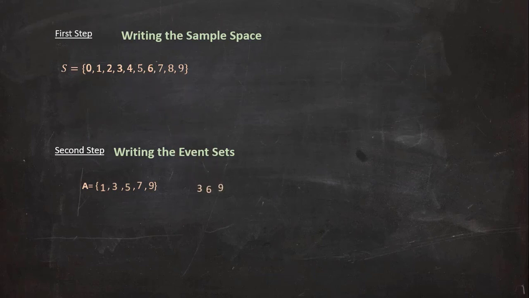The multiples of 3 are 3, 6 and 9, and combining them in the form of another set, which is set B. And the third one was all the numbers which are less than 5. All the numbers less than 5 in this example are 0, 1, 2, 3, 4, and we call it our set C. This is the overall scenario in this case.